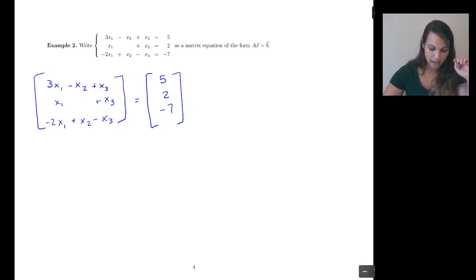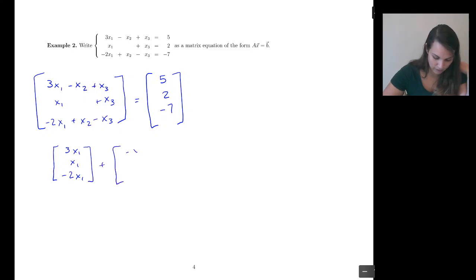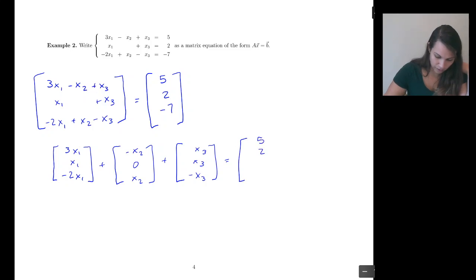What I mean by that is we have this vector, and I can write this vector as a sum of vectors instead of one vector, like this.